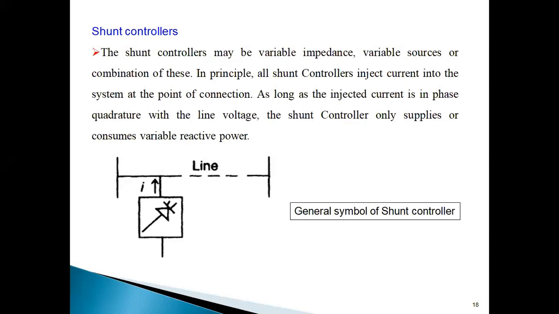One important application of FACTS controllers, and another research issue nowadays that researchers have already worked upon, is the optimal location and optimal allocation of FACTS controllers.